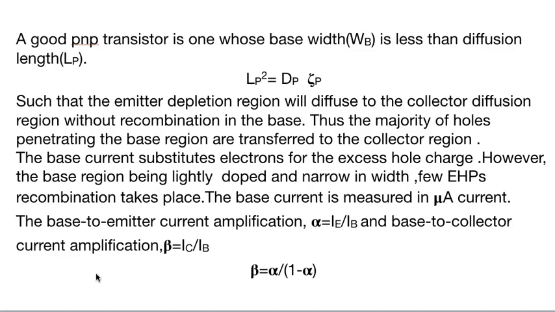The base current is measured in microamperes. The amplification alpha is equal to IC upon IE, and the current amplification beta is equal to IC upon IB. The common relation between beta and alpha is beta equals alpha upon 1 minus alpha.